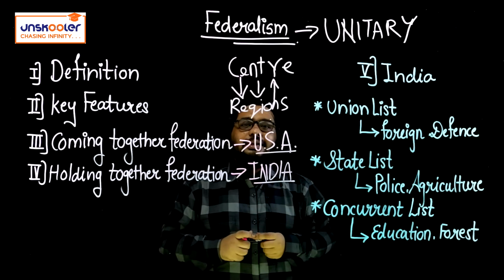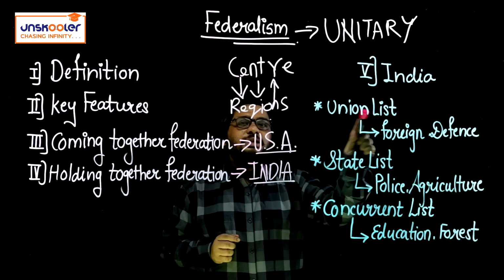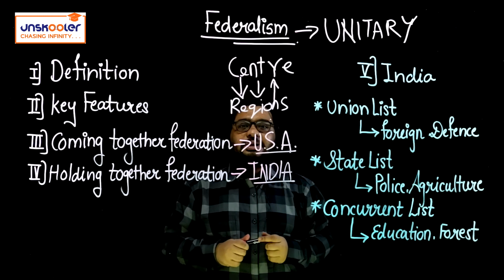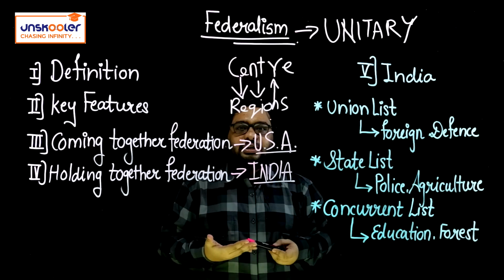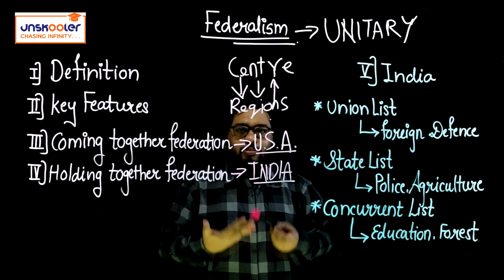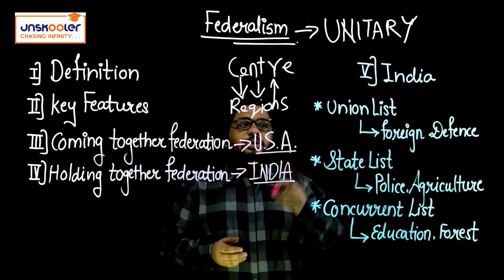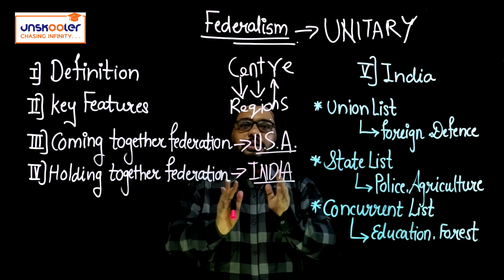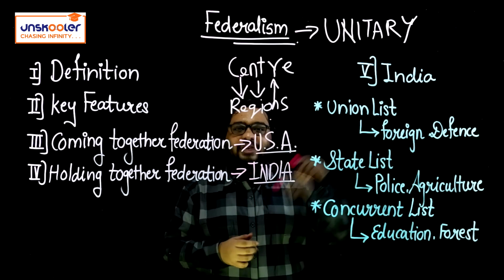These are the three lists which are clearly defined in the constitution. First is the union list. The union list means, as it says union, all the subjects or all the topics, or you can say all the responsibilities would be the better word, which the center solely has. So, for example, foreign policy or defense.